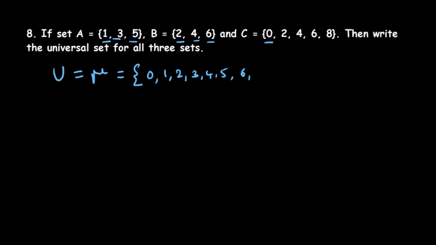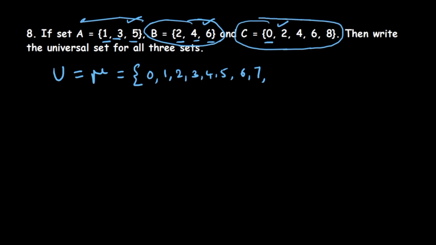Next 7 is not there, but if you want to take 7 you can take 7 also, no problem, because we are not finding the union of A, B, C. We are finding the universal set. After writing the universal set you can find set A, set B, and set C in that set.